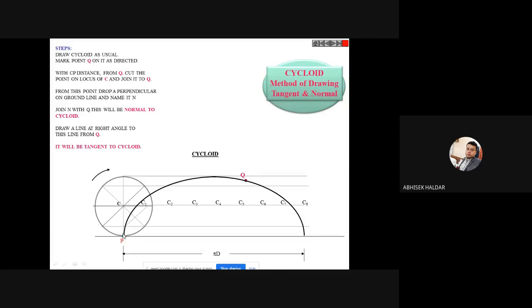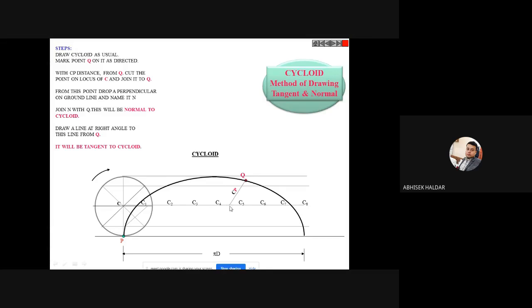Put one leg of your compass at point q and cut the central line, on which c1, c2, c3, c4 are lying, with an arc of radius cp. You will get an intersection point on this central line, the point where I have the cursor.